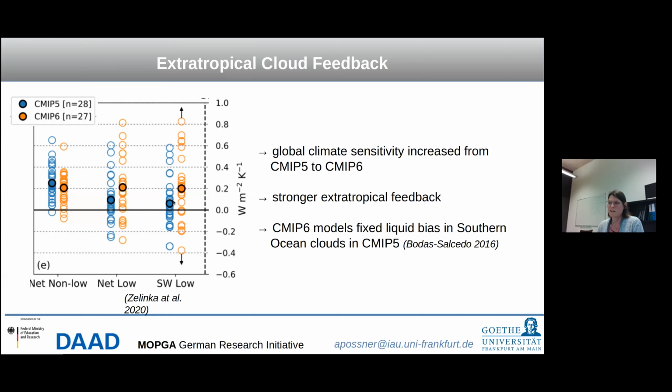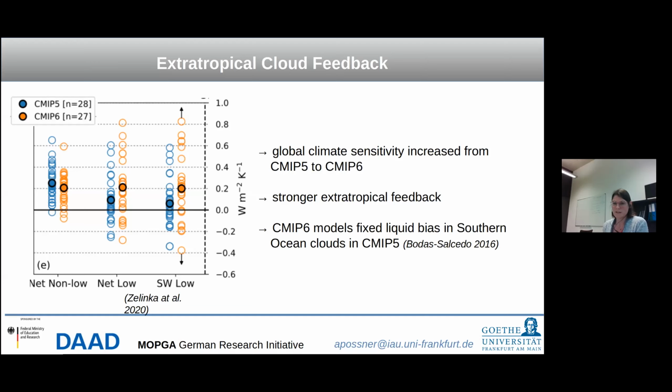And that is entirely attributable to what's happening in the extratropics and in the Southern Ocean. In CMIP5, many of the mixed phase clouds that were simulated, which again occur around 30% of the time, were too heavily glaciated and didn't reflect enough radiation in the pre-industrial climate state. So their feedback as you transition to a warmer climate was underestimated.